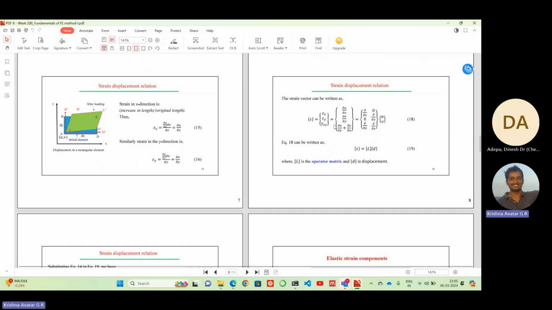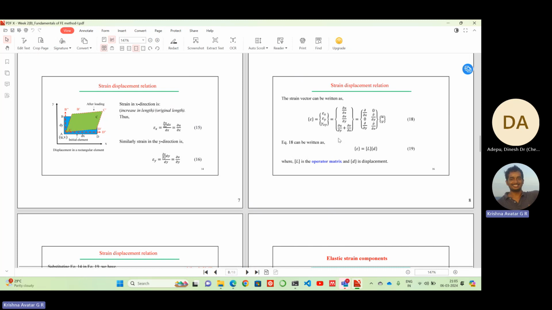Then we are able to describe this in terms of some representation, known as Voigt representation, because strain is also a tensor, isn't it? Yes, strain is a tensor, so it will actually be a 2x2 matrix.